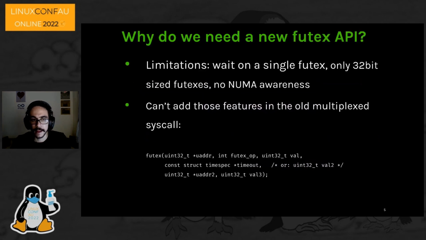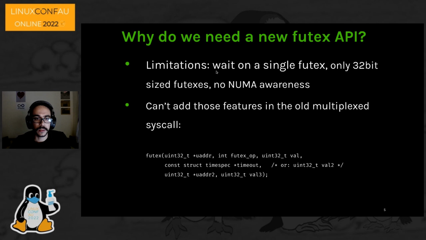Okay. But why do we need a new futex API? Along the years, developers have seen some limitations of the futex syscall. I will go over all those limitations in some minutes.